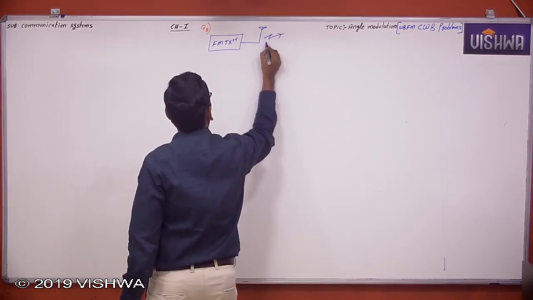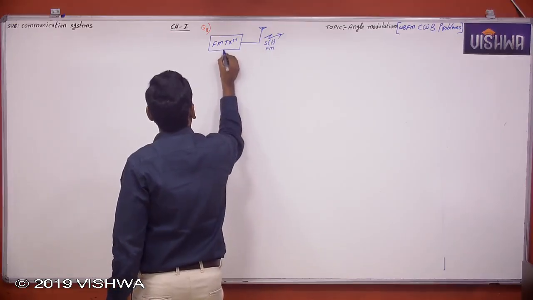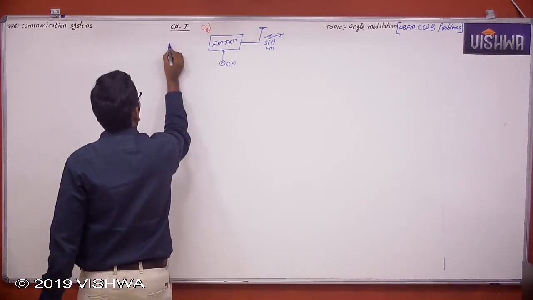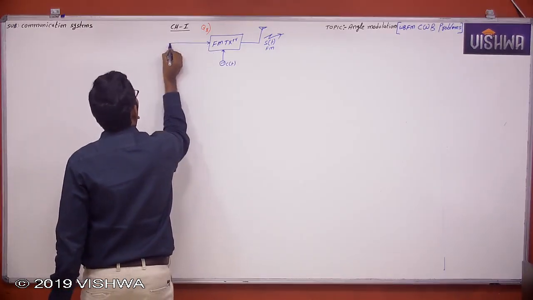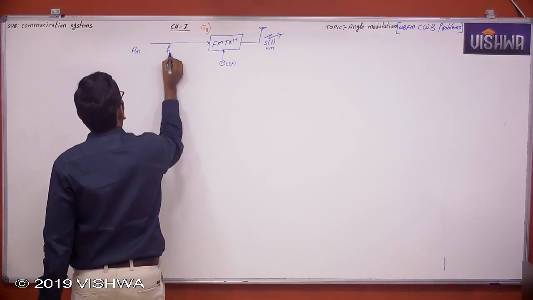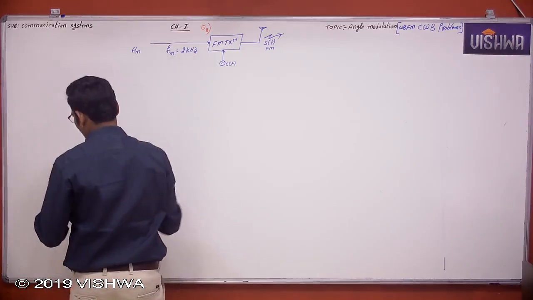An FM wave is generated with the help of a message signal and a carrier signal, with a message signal frequency of 2 kHz. What is given?